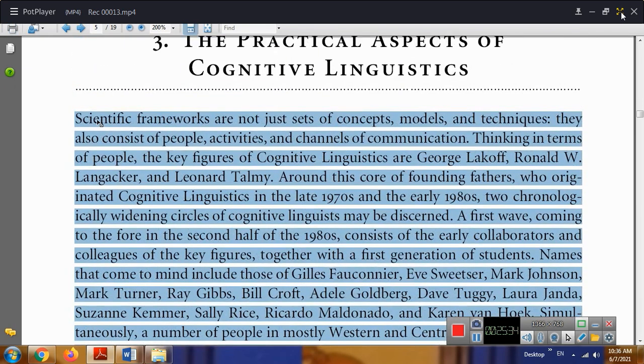Dear student, this is important, and again I refer to the important persons of this series and the dates. The important persons are Langacker, Lakoff and Talmy, and they were the founding fathers of cognitive linguistics, which came in the late 1970s and the early 1980s.